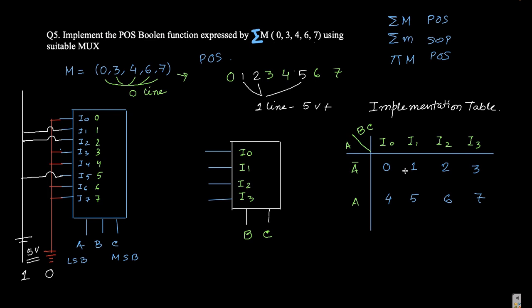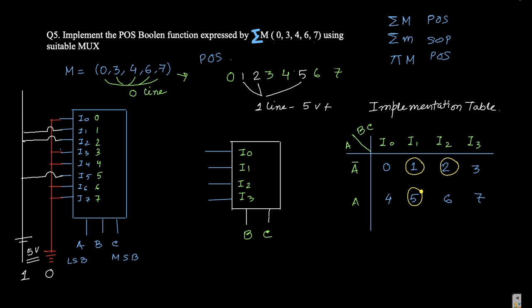So it means that 1, 2 and 5 are not written over here. So this is 1, this is 2, and this is 5, not written over here.